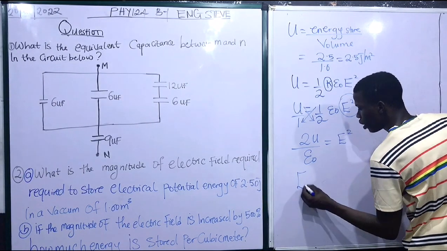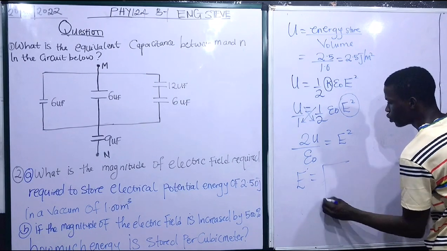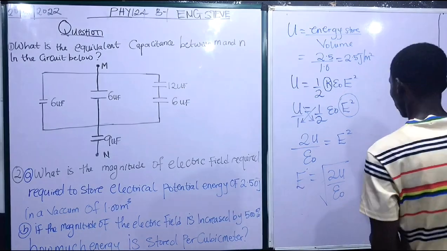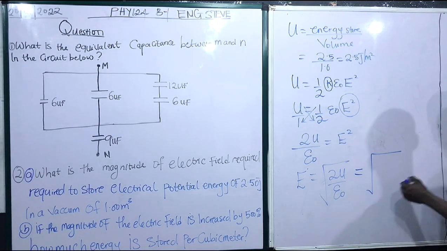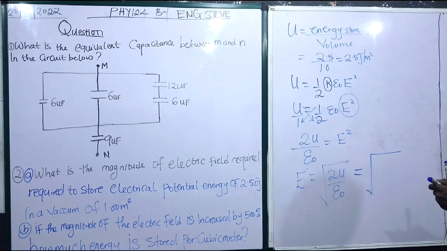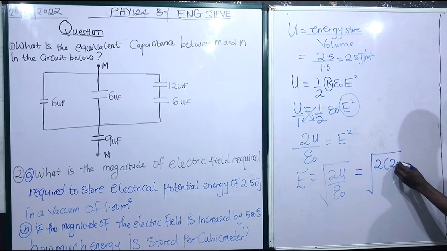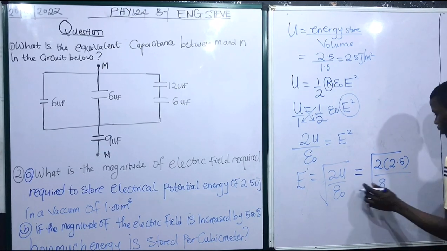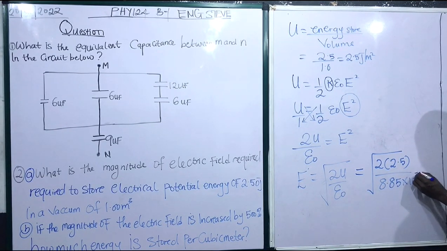So from there, our E is equal to the square root of 2U over U naught. If we are to imply the values, we therefore have 2 bracket 2.5 divided by our constant permittivity of space 8.85 times 10 raised to the power minus 12.